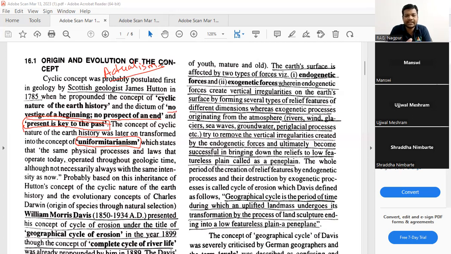But actualism works out on the forces or the intensity of the process, at what intensity that process has proceeded. We don't have to go into this actualism and uniformitarianism debate. I just gave it to you for your general knowledge. Nowadays this theory is gaining roots.